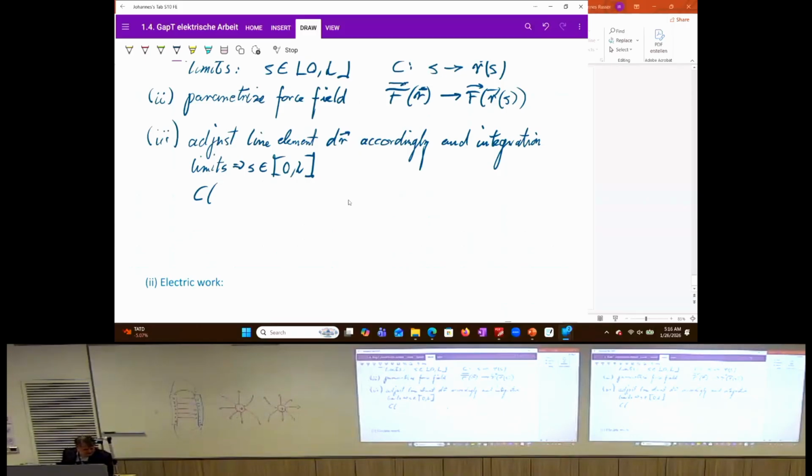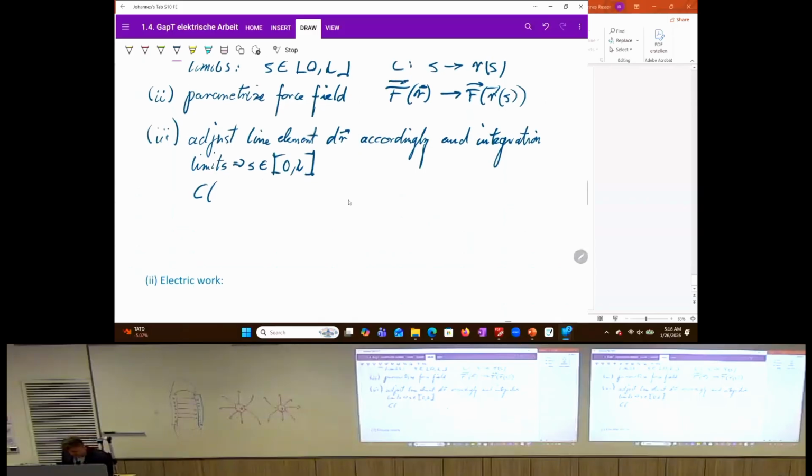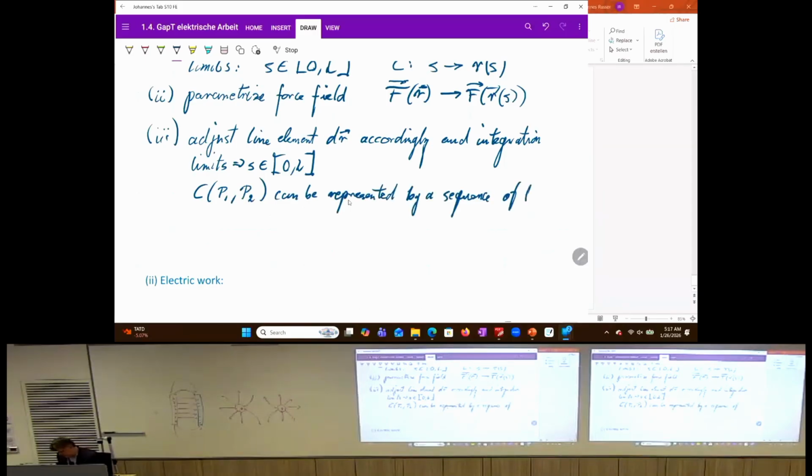Then this gives us the tangential components. So recap that here. I think this is quite an important aspect. Our curve can be represented by this sequence of tangent vectors, and these tangent vectors t are dr of s, the derivative with respect to ds.